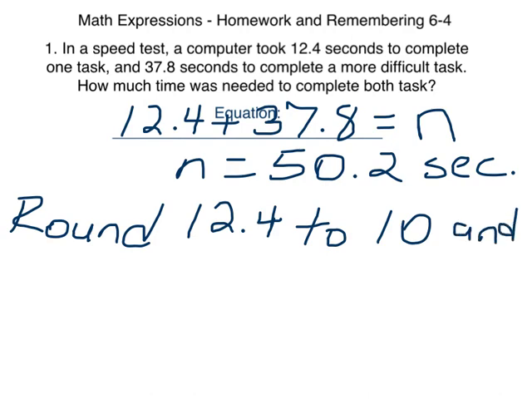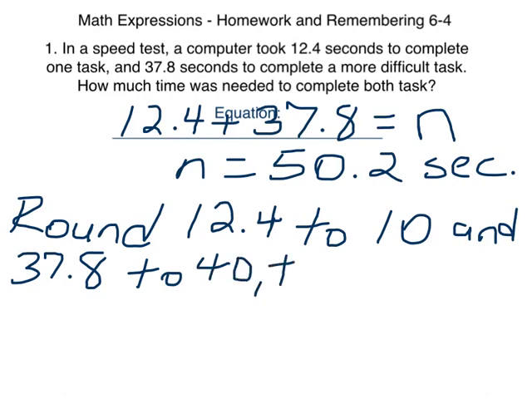And 37, our next addend, 37 8/10, well, what will we round that to? Well, it's closer to 40 than it is to 30. Then we're going to add this estimation to see if our answer is reasonable and correct.